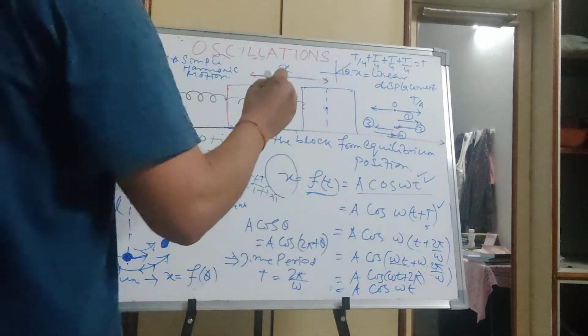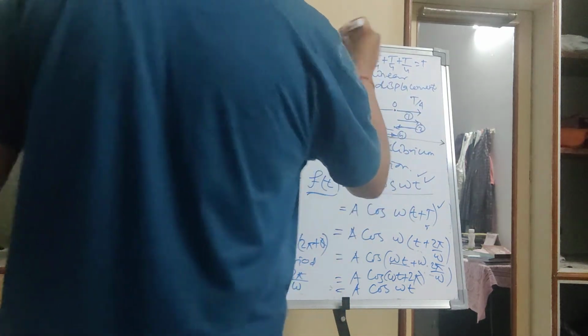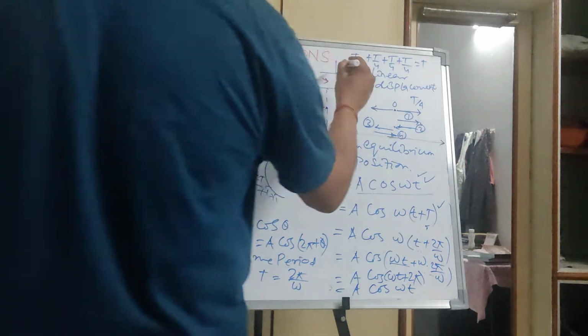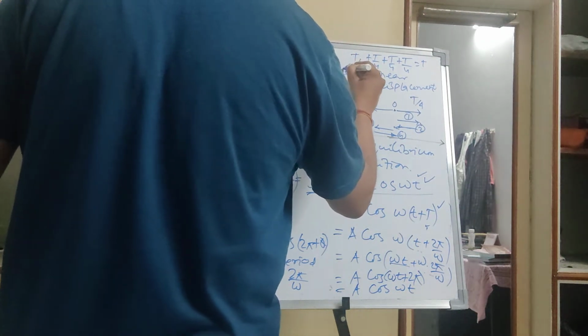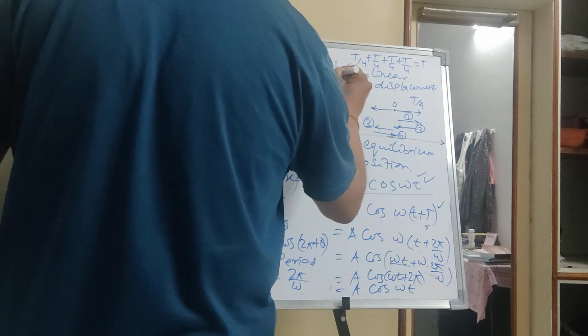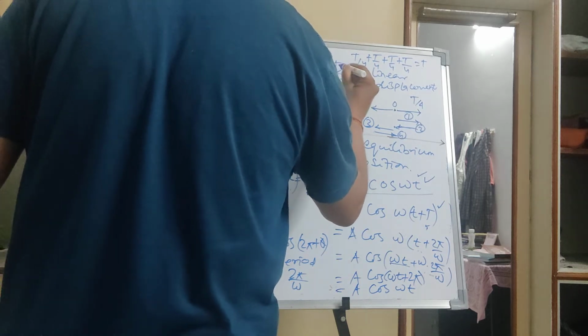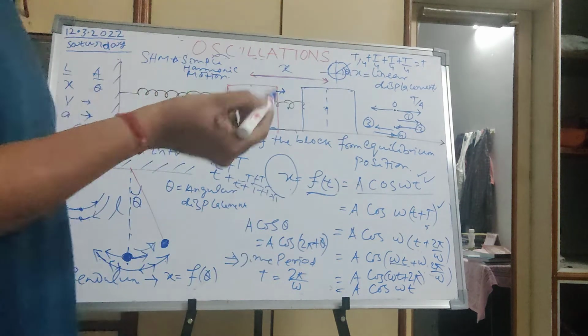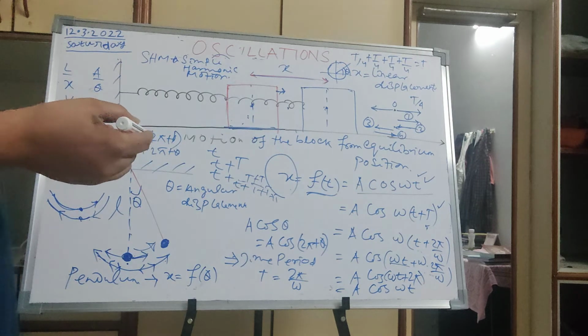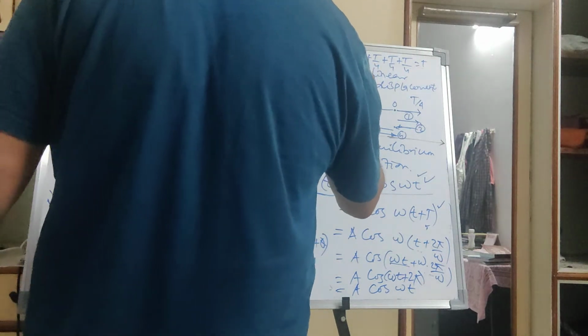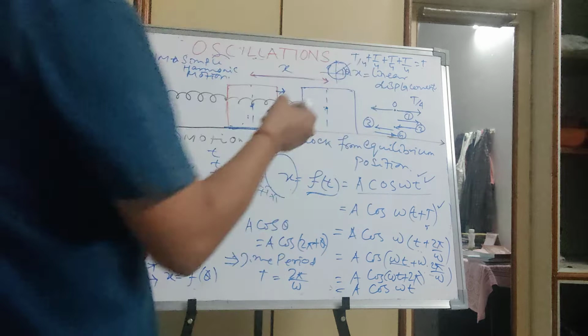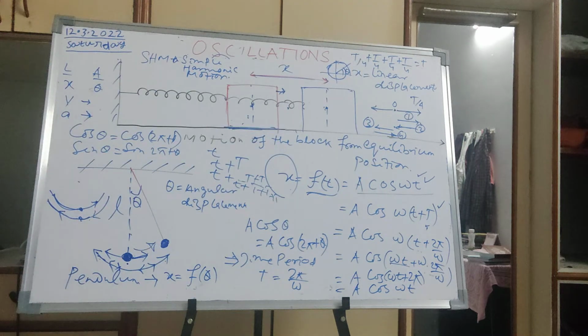When you add 2 pi to this angle, it will again be the same angle, right? So this angle is theta. After adding 2 pi, it will become the same angle, the same thing, right?